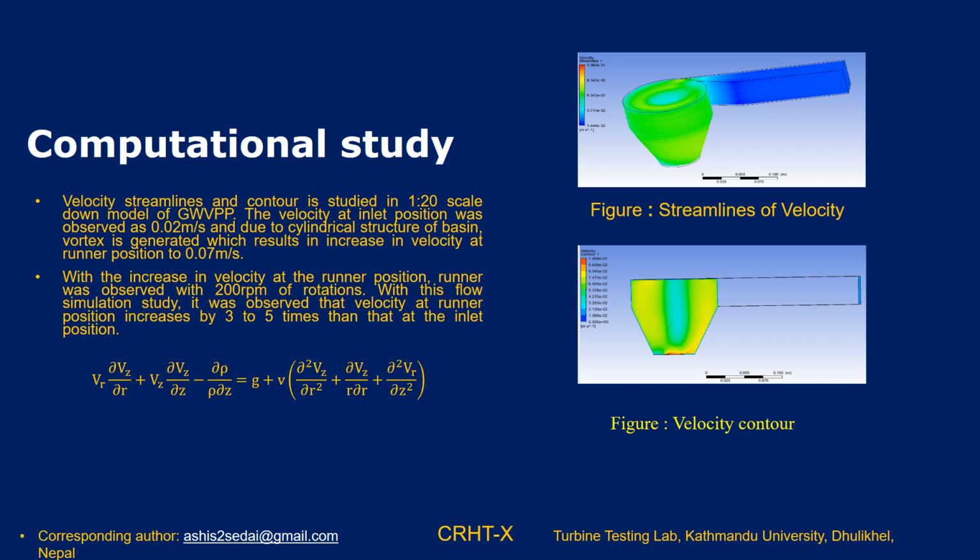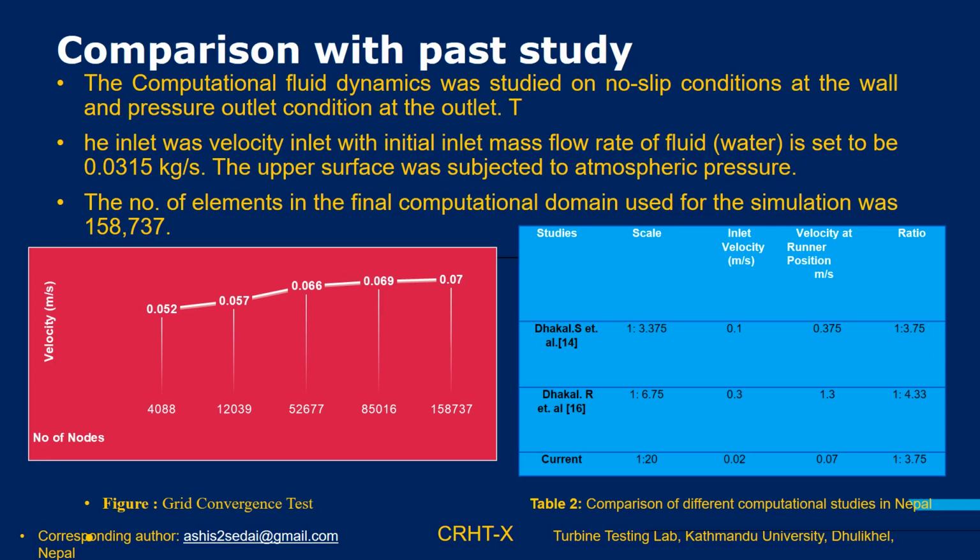And the equation that you see on the left represents the Navier-Stokes equation that is implemented by the CFD software to compute. After our result from the computational study, we compared it with past studies.